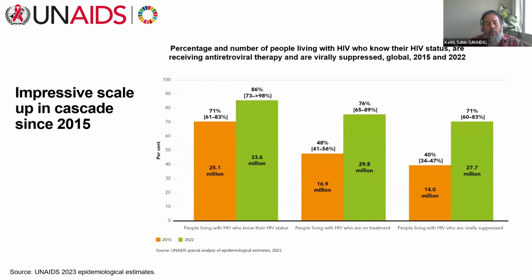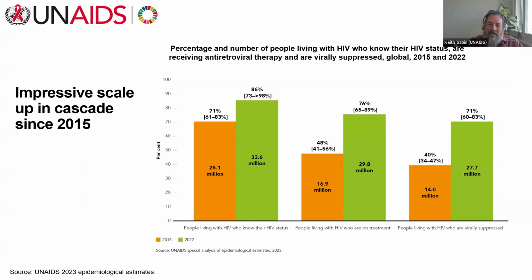Now, one of the major components of the success of the AIDS response, HIV response, is the impressive level of treatment scale-up. And you can see here, comparing 2015 in the orange to 2022 in the green, that the number of people living with HIV who know their status, who have had an HIV test and have received that result, has increased by 15 percentage points.